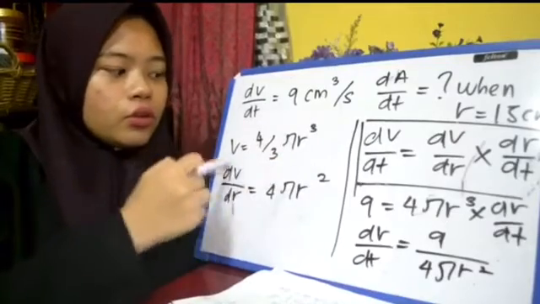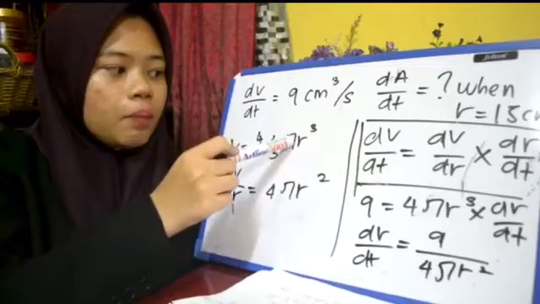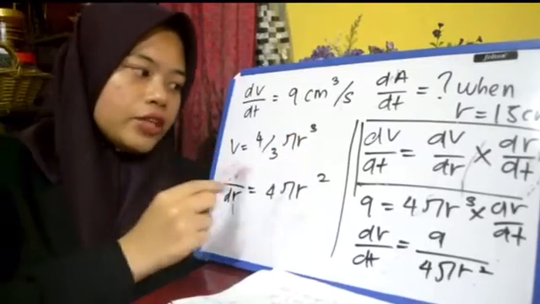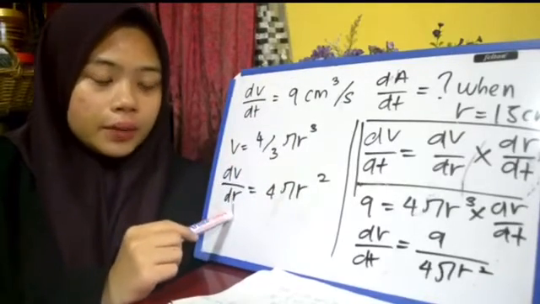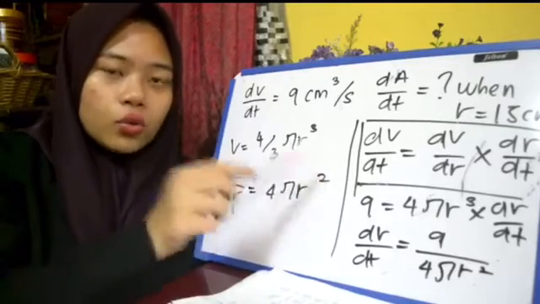Okay, first step, we need to know the volume of a sphere. This is the volume of a sphere: 4/3 pi r cubed. Next, we differentiate the volume of the sphere to get dV over dr equal to 4 pi r squared.